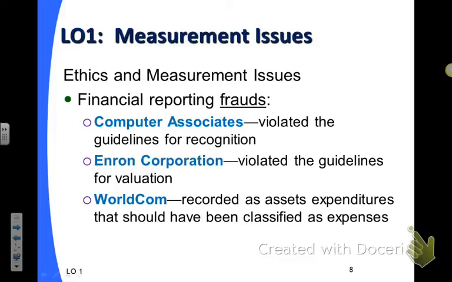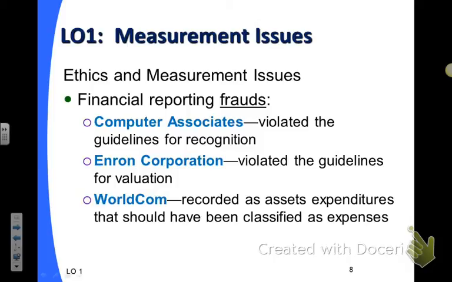Okay? So basically what they did, you know how I just gave you that asset example with the hammer? I said if you have a hammer, maybe it's such a small cost to a business, you would just expense it. Well, what they did is they turned around and reported things that should have been expensed as assets. Okay?